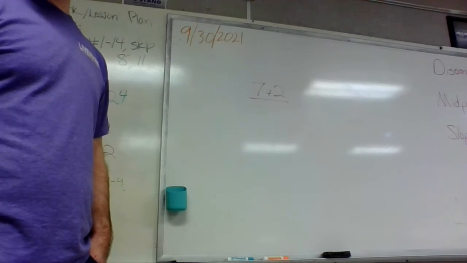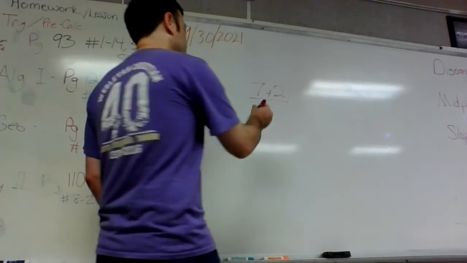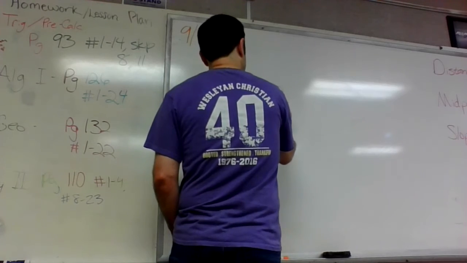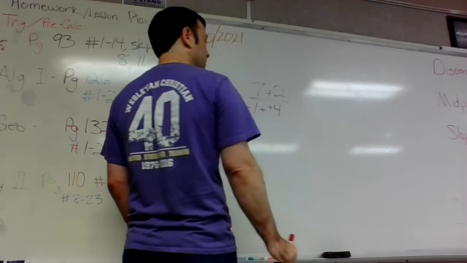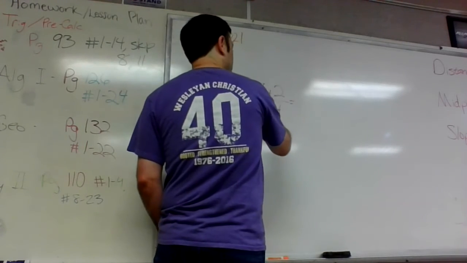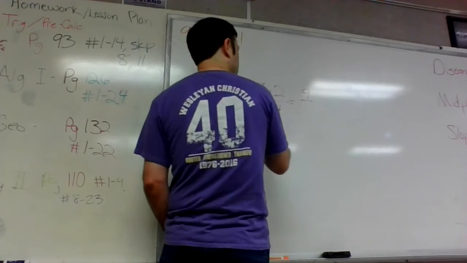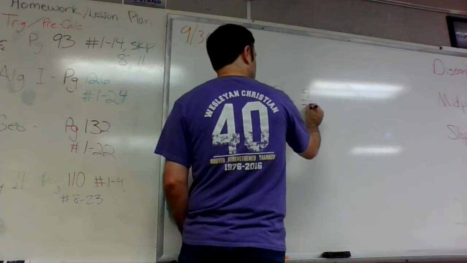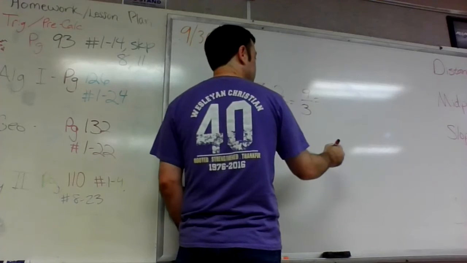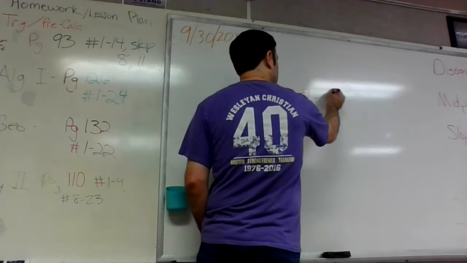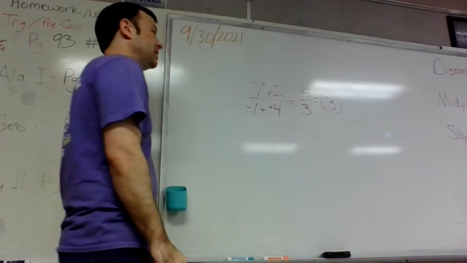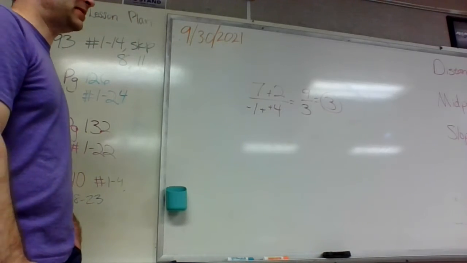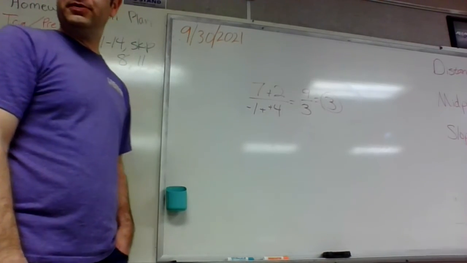So negative 1 minus negative 4, which is the same thing as negative 1 plus 4. So I've got 9 over 3, which is 3. There are a lot of places you can make a mistake on these. Gotta be careful.